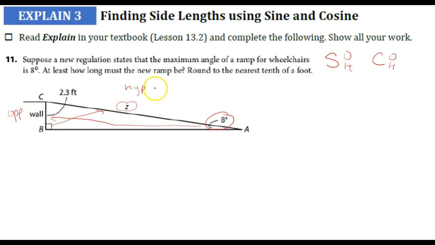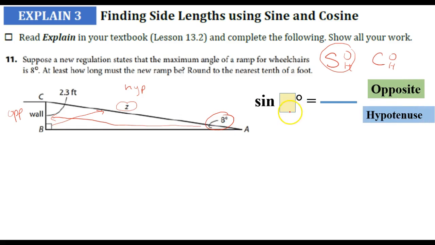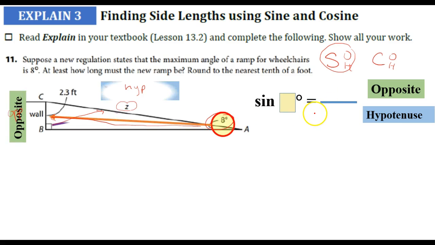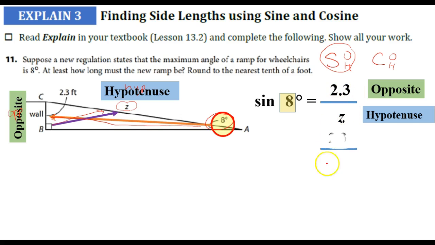So if it's opposite over hypotenuse, which of these two would I use? Sine, right? So on our work, we're going to set up sine of the angle, opposite over hypotenuse: sine of 8 equals 2.3 over z. So I'm going to recopy that fraction down. Go ahead and figure out what sine of 8 is.